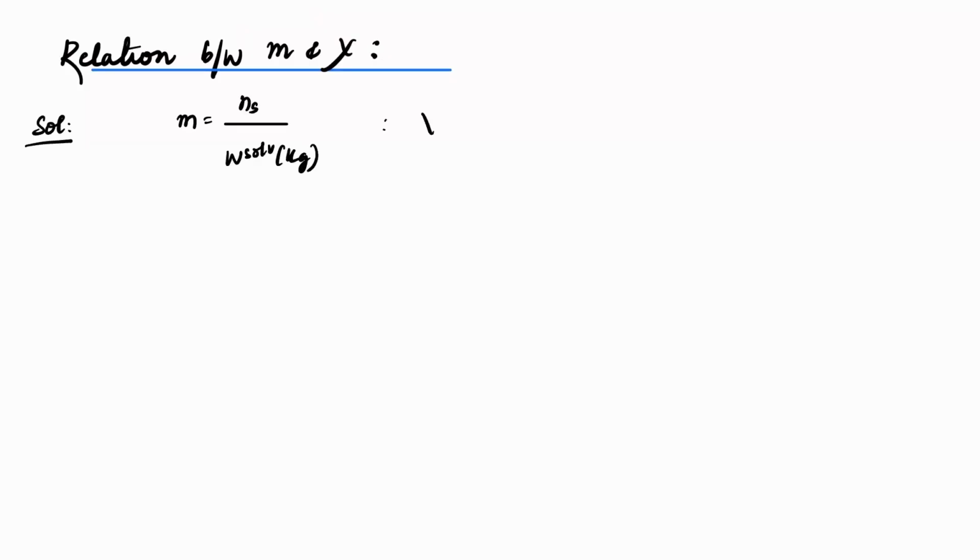And mole fraction is number of moles of solute by total number of moles of solute plus number of moles of solvent. I'm just taking a binary case. Binary means one solute, one solvent case.